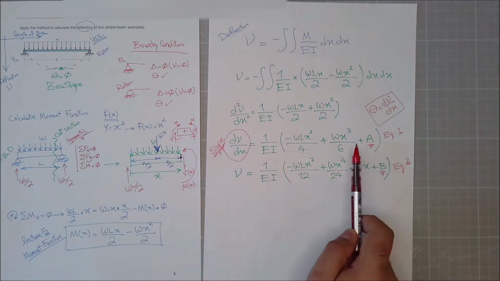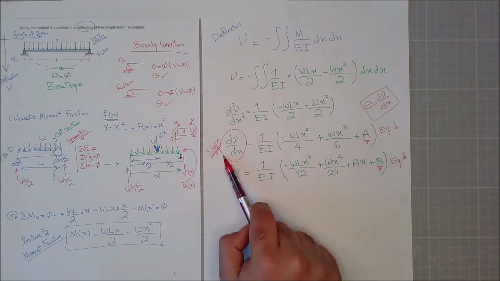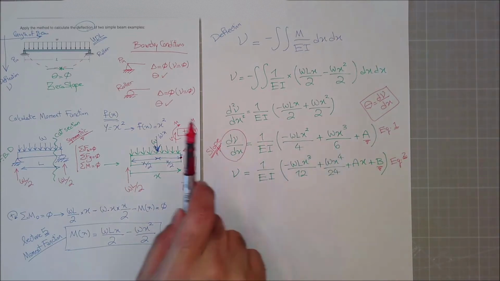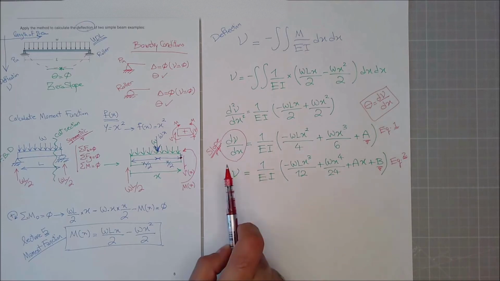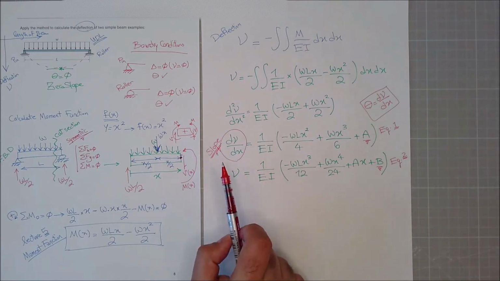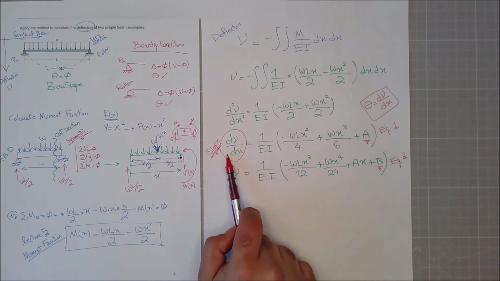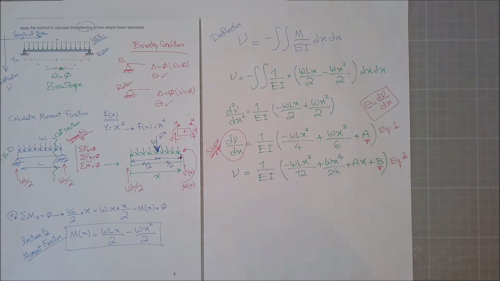So I can figure out where the maximum position is by just putting the entire slope expression to 0, and then I'll get an x. We can guess from now that it will be at the middle because everything is symmetric, so it will be L divided by 2. But have it in mind that this is the way to figure out where the maximum deflection happens. We get equation 1, which is the slope equation. We put slope equal to 0, and then we solve it for x.